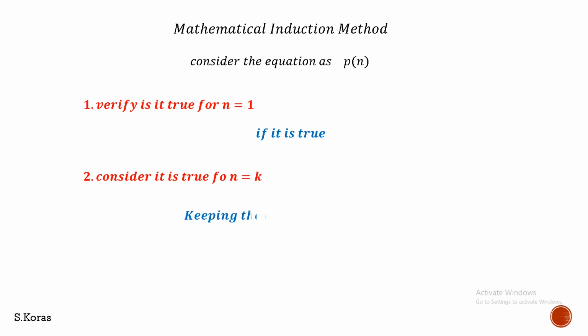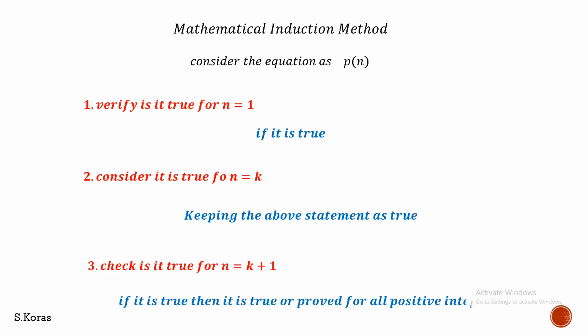Using this consideration, we have to check whether it is true for n is equal to k plus 1 or not. In case it is true for n is equal to k plus 1, then the given statement is true or proved.